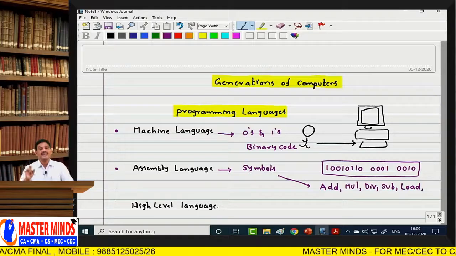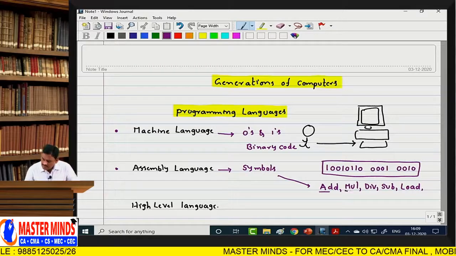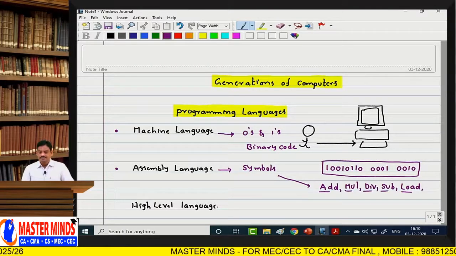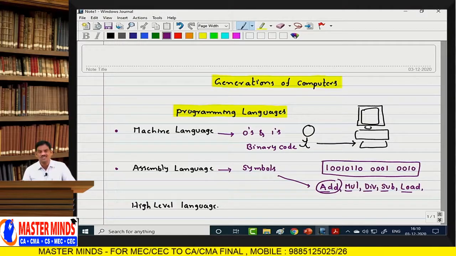Push is nothing but insert. Jump on zero. So, it includes various symbols for programming. Such symbols are said to be mnemonics. It includes add, div, sub, load, store, jump, etc.